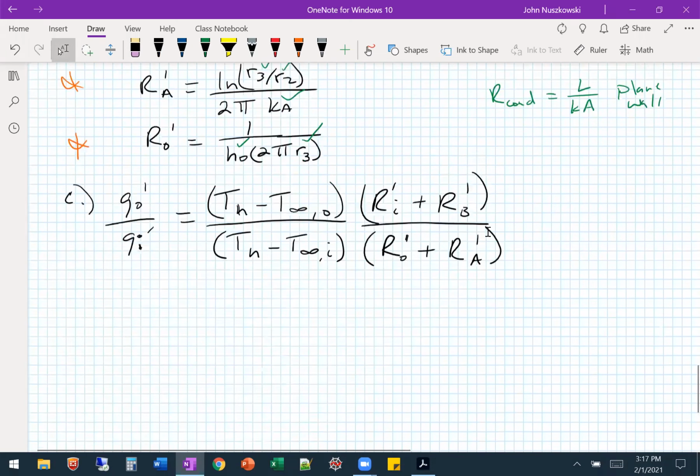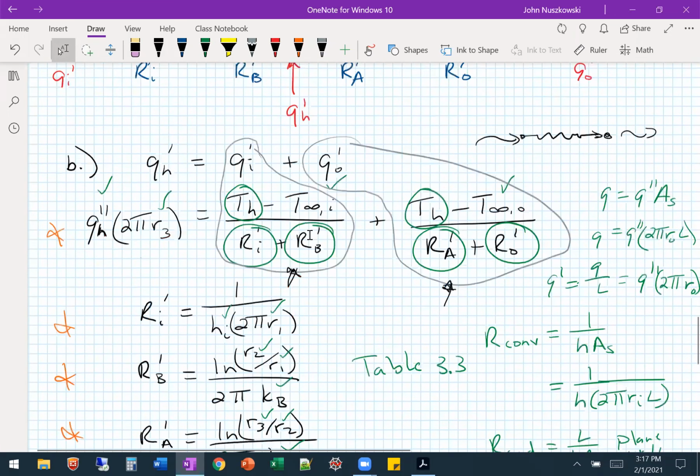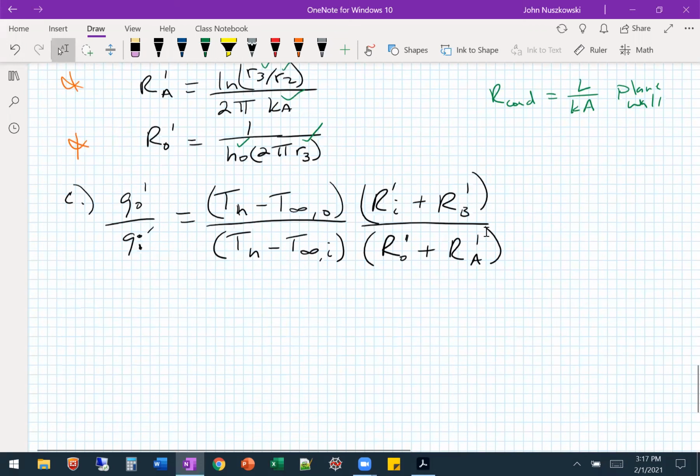The last part of this question is how might we minimize this ratio, Q outer over Q inner? What would we try to increase or decrease, assuming we're stuck with the temperatures?